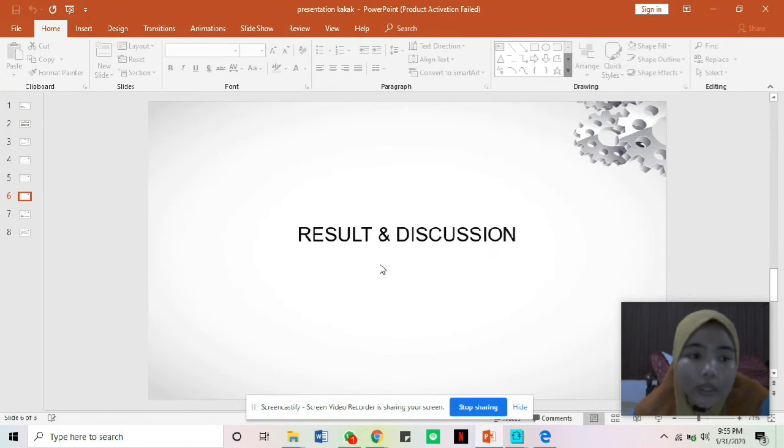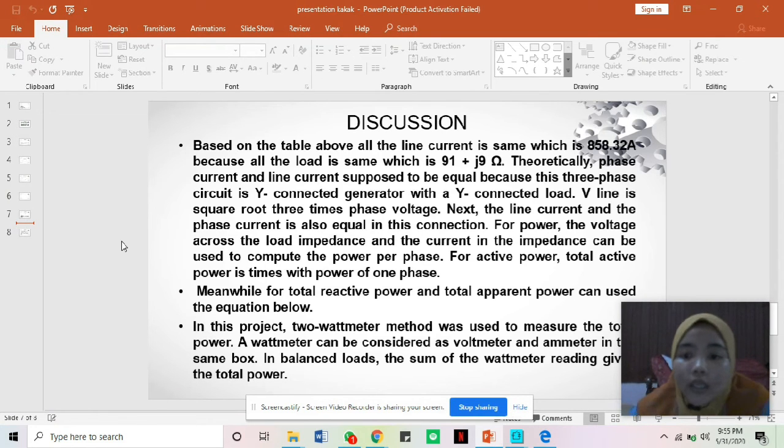So I will proceed with my discussion. All the line current is the same, with or without wattmeter, because all the load is the same, which is 91 plus 9j ohm. Theoretically, phase current and line current are supposed to be equal, because the three-phase circuit is a Y-connected generator with a Y-connected load.